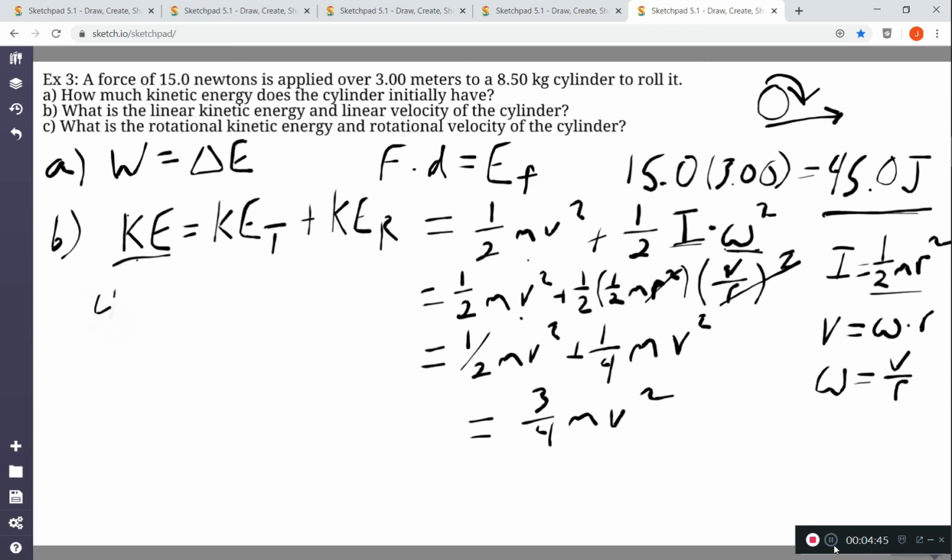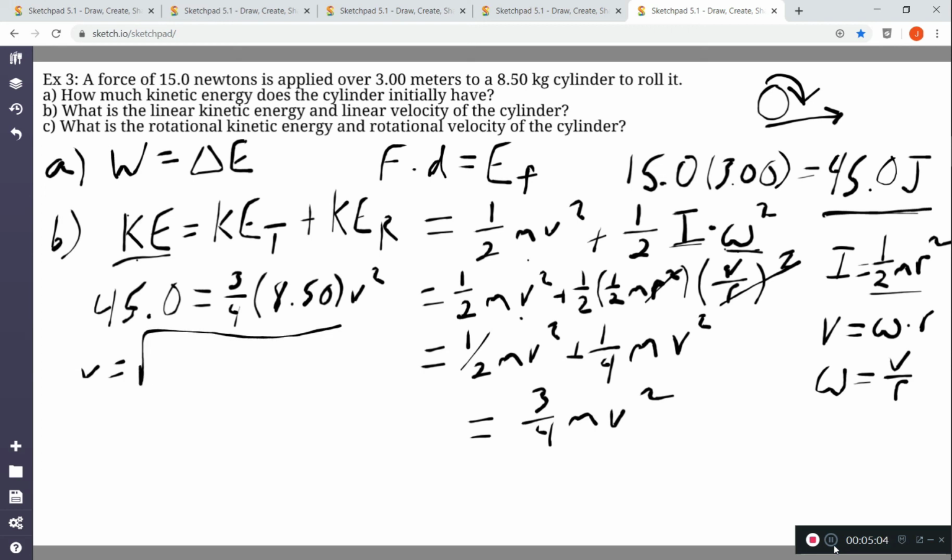So we simply take 45.0 equals 3/4 times 8.50 v squared. When you solve for v, that's the square root of 4/3 of 45.0 divided by 8.50. And we get a velocity, to 3 sig figs, of 2.66 meters per second.